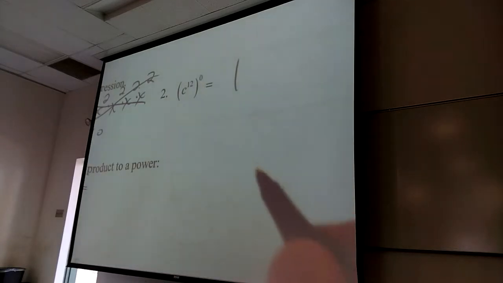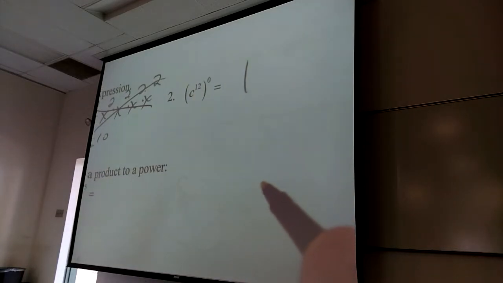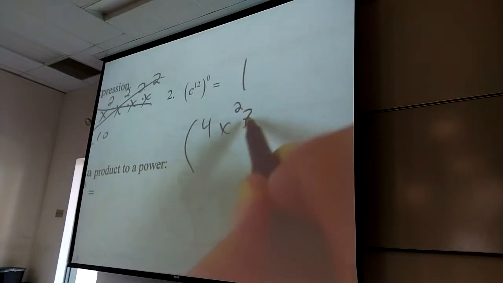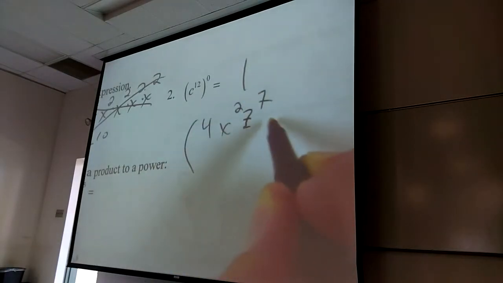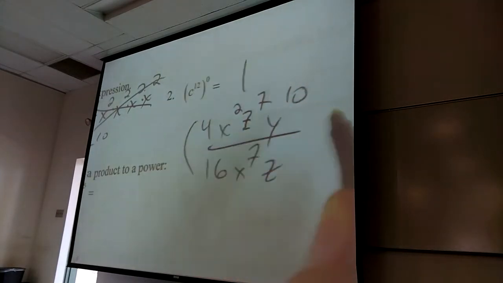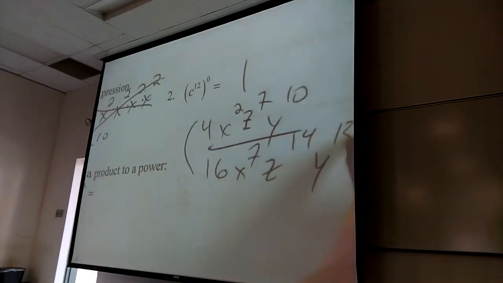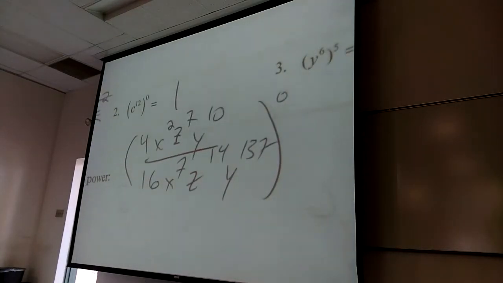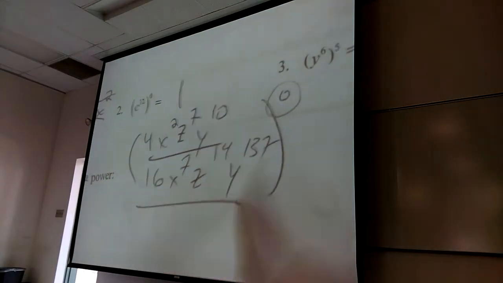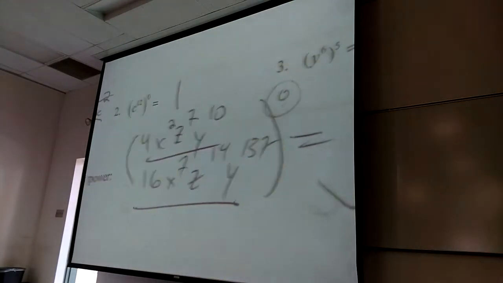So I have been known to be evil in certain places, and I'll give you this huge, ugly-looking problem that's not even written well, with x to the 17, to the 14, y to the 137. And then I'll put it to the 0 power. So people start working, when anything to the 0 power is 1.